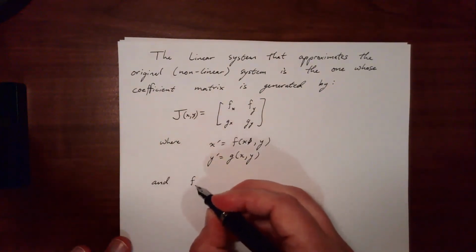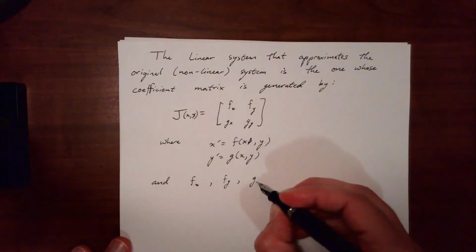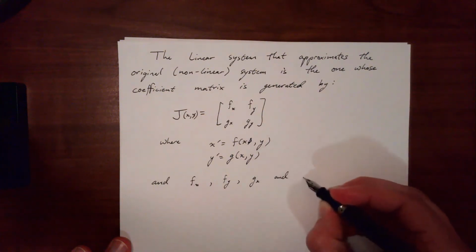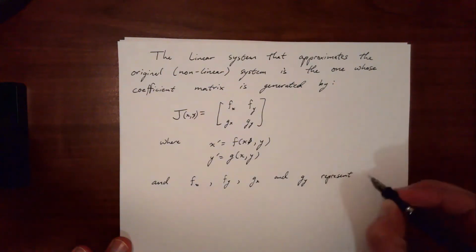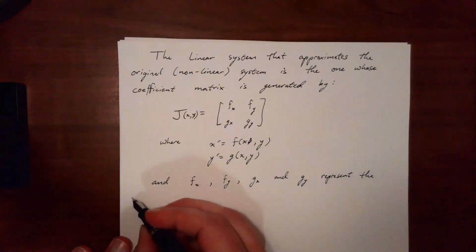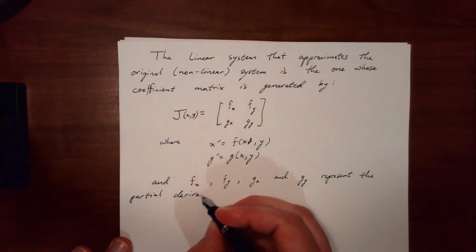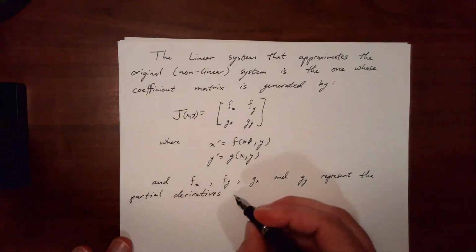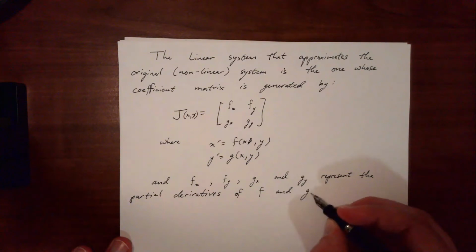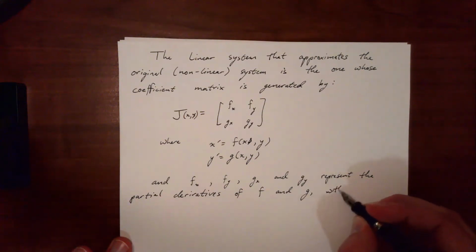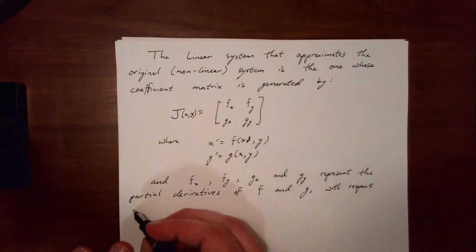And fx, fy, gx, and gy represent the partial derivatives of f and g with respect to each of the variables.